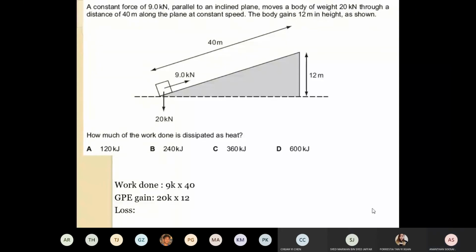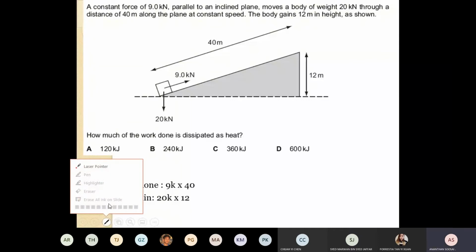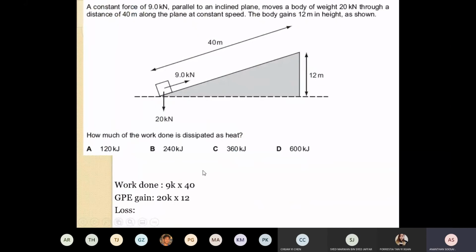Two of you saying A, one saying B, many saying A. Another one is saying A. Many of you saying A. Okay, A or B?